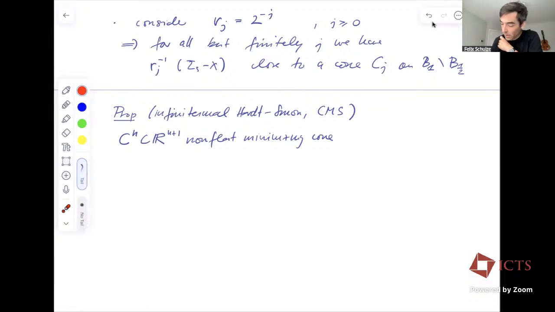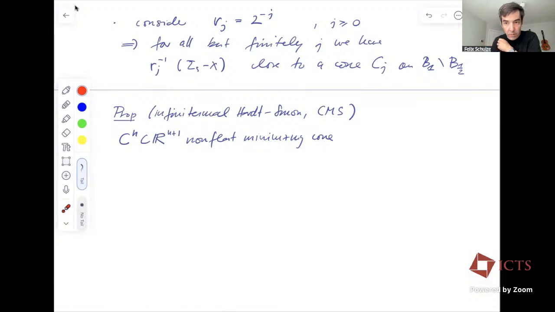Then assume you have here a Σ in either U^±, you can take the closure.